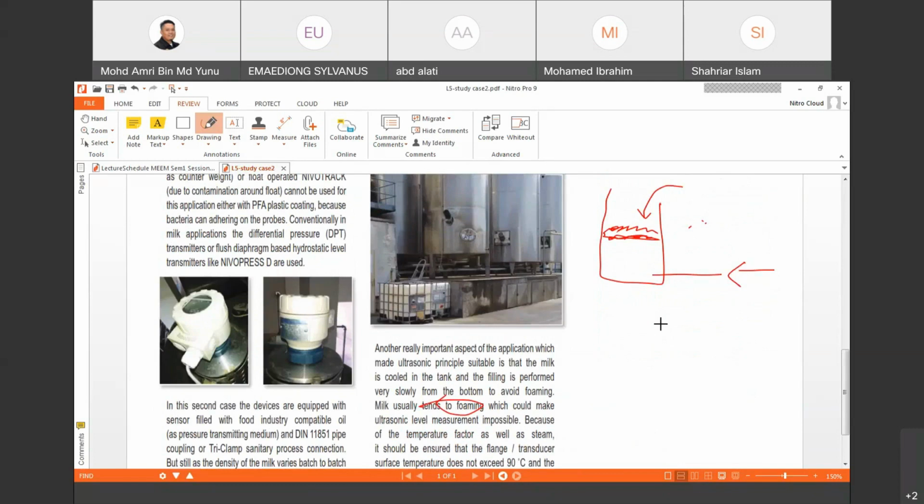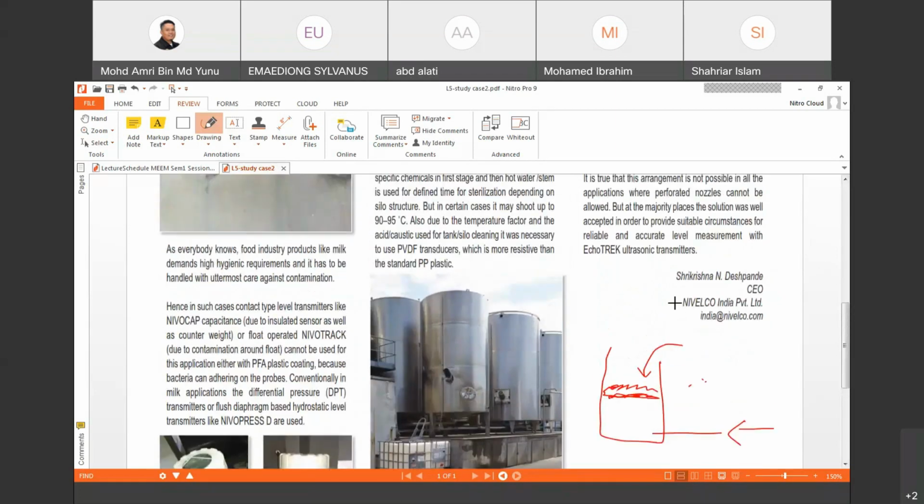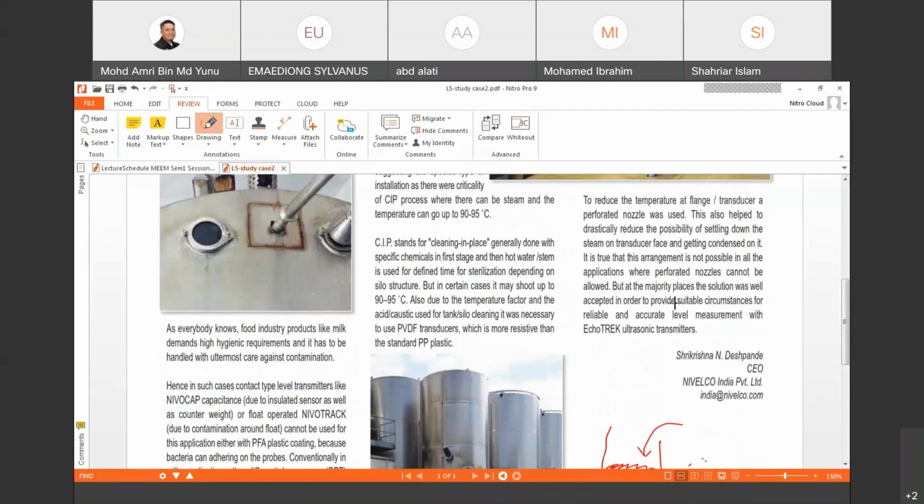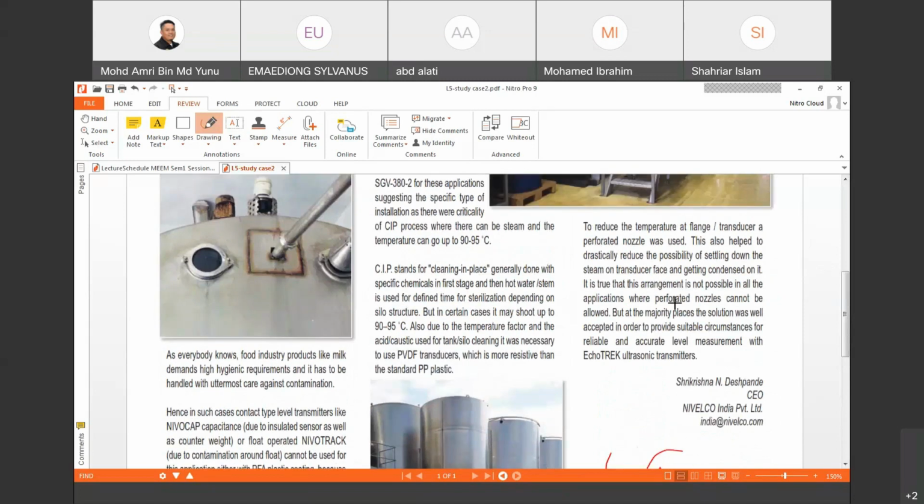But this method requires a high pressurized pump, because as the liquid level increases, more pressure is needed to transfer the liquid. To reduce the temperature at the flange or transducer, perhaps a perforated nozzle is a solution, I am not sure.